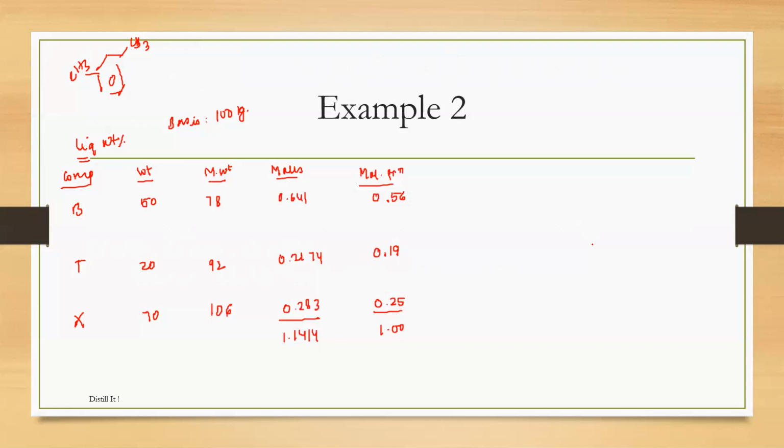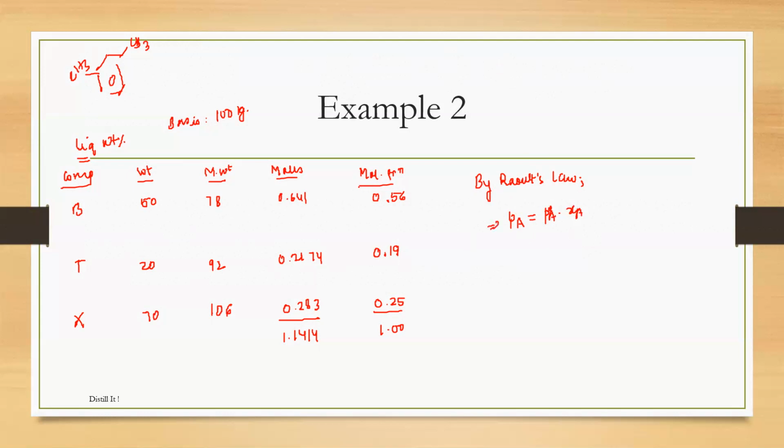All right. Then how do we relate the liquid phase to the vapor phase? Using Raoult's law. Okay. So by Raoult's law, we have PA is equal to P naught A into X. That is how you give.